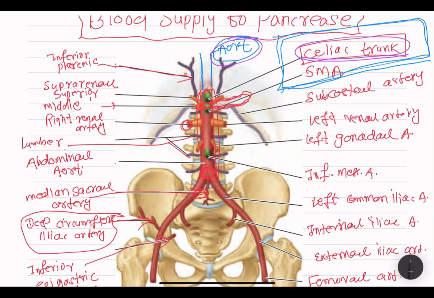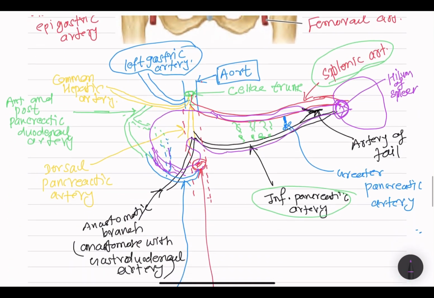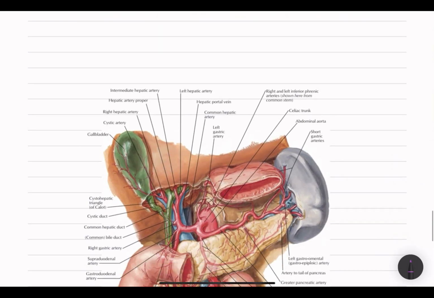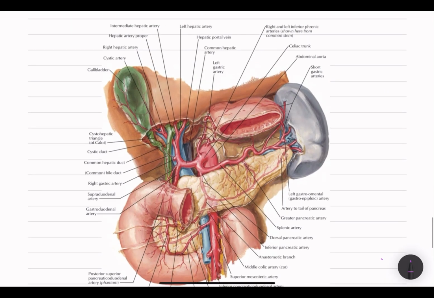That's why I gave you the idea of where the celiac artery and the superior mesenteric artery arise from. And then I gave a rough diagram of the artery and vein, so it will help you identify in the actual picture where the arteries are coming from the main aorta and where they are going to supply.